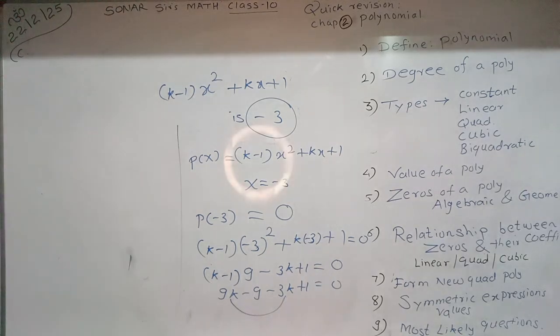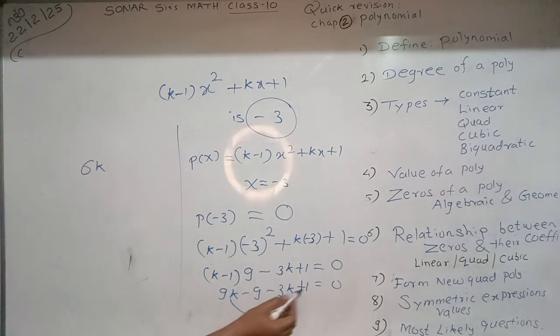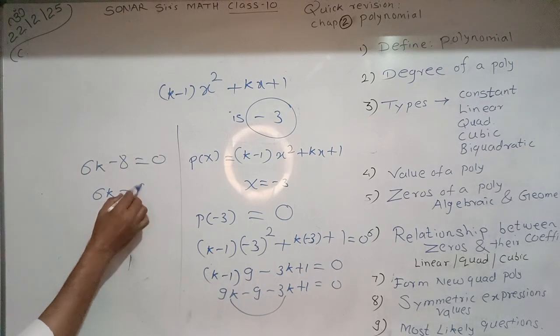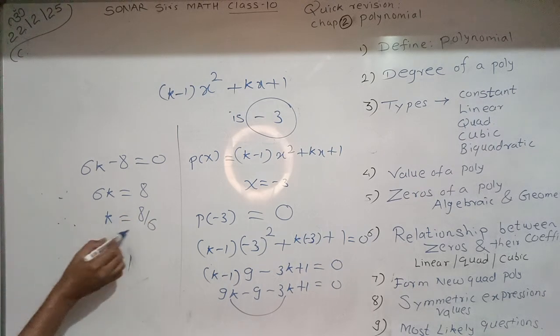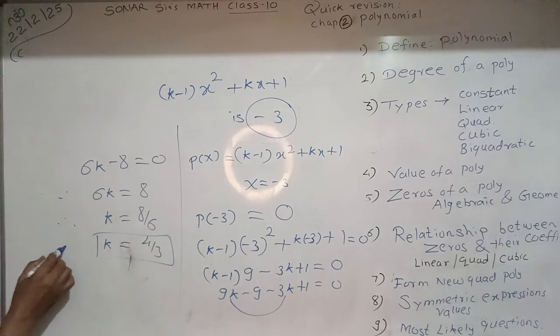So 9k minus 3k becomes 6k, and minus 9 plus 1 becomes minus 8. So 6k equals 8, and we get k equals 8 upon 6. 2 fours are 8, 2 threes are 6, the value of k is 4 upon 3.